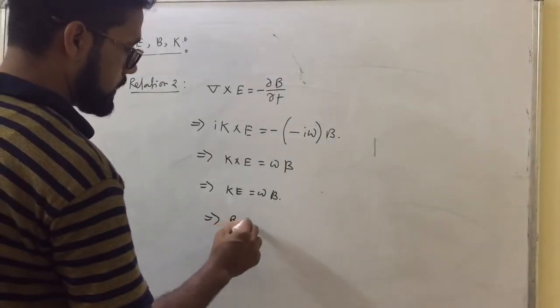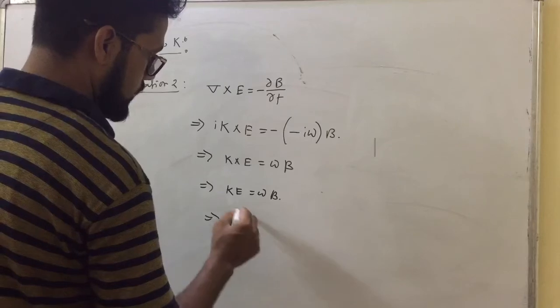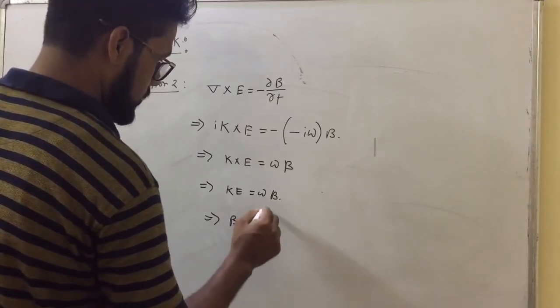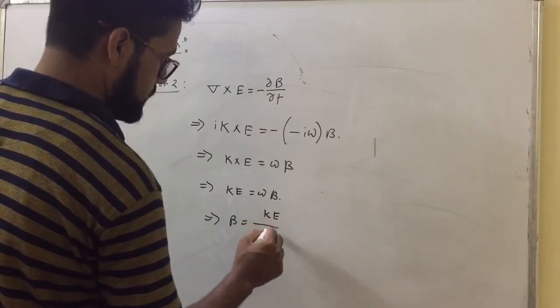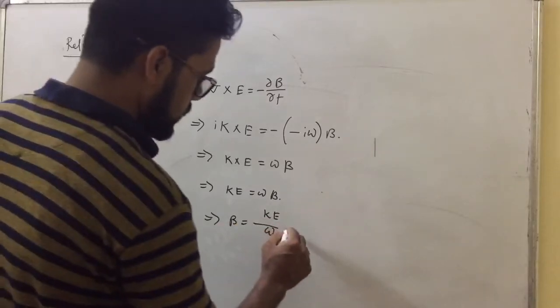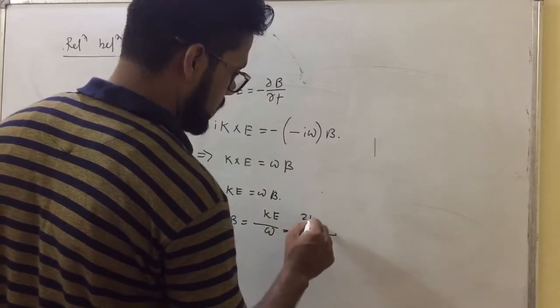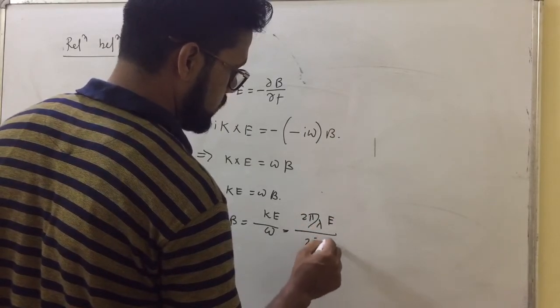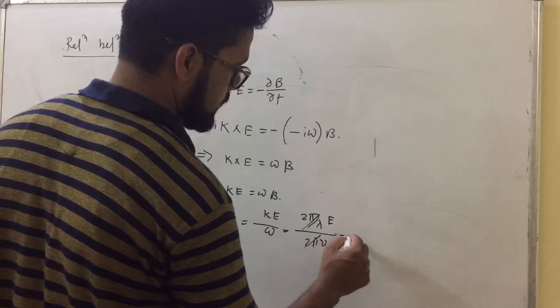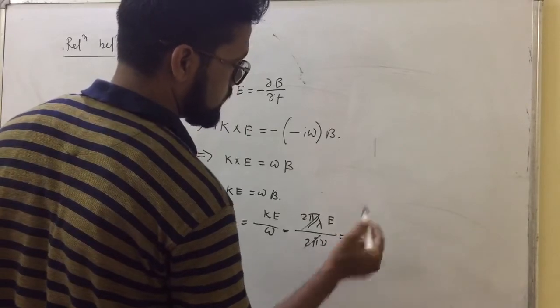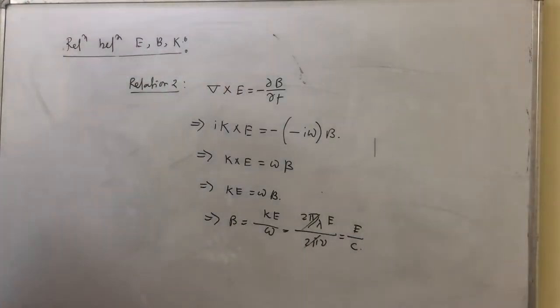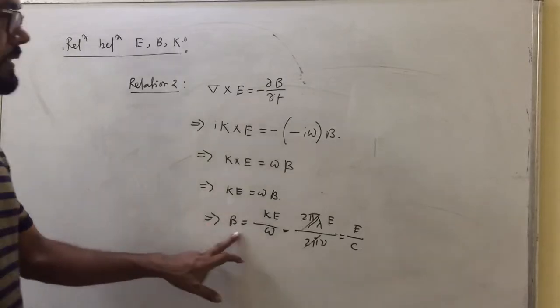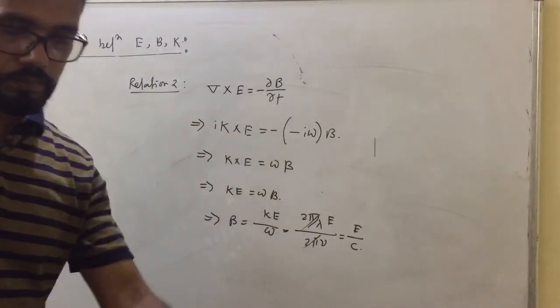B equals kE by omega. Here omega is twice pi nu and k is twice pi by lambda, so if I cancel, it is E by c. This is the relation between electric field and magnetic field.